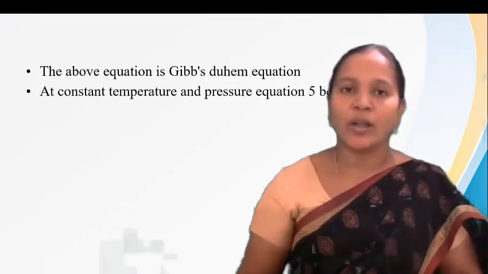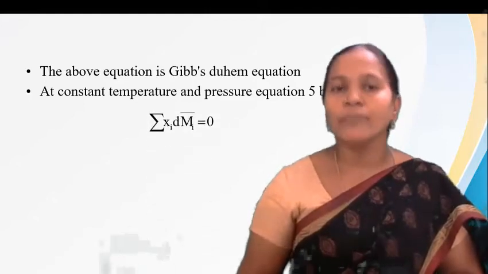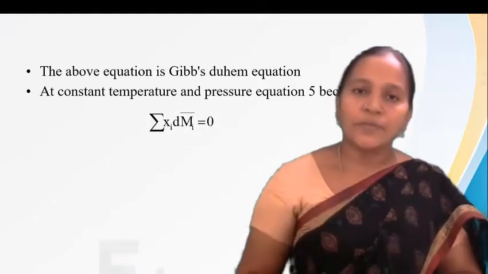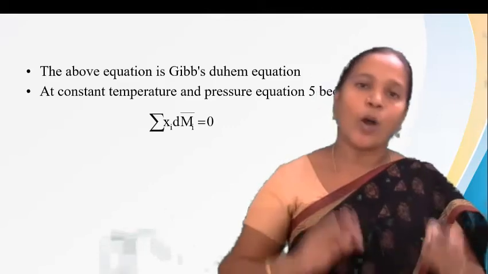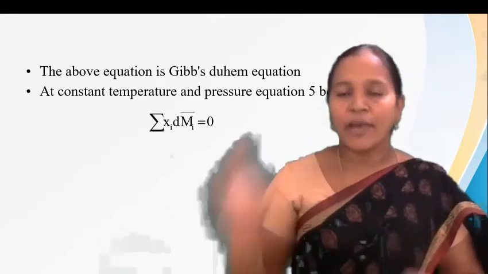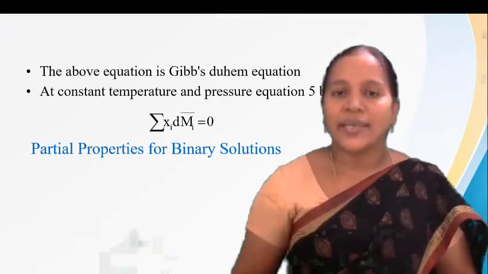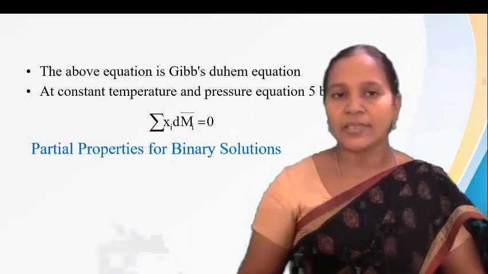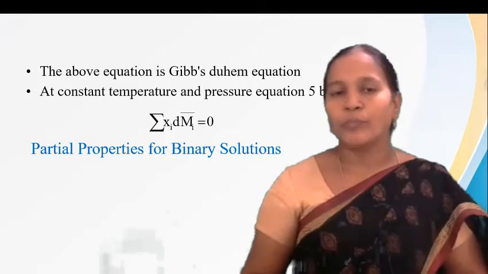This equation is called the Gibbs-Duhem equation. Gibbs-Duhem equation at constant temperature and pressure: now equation 5 becomes sigma xi dMi bar is equal to 0.